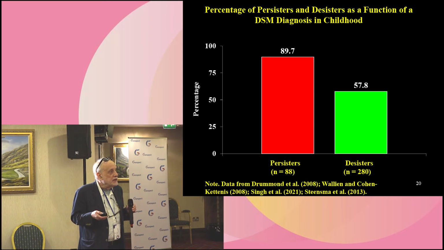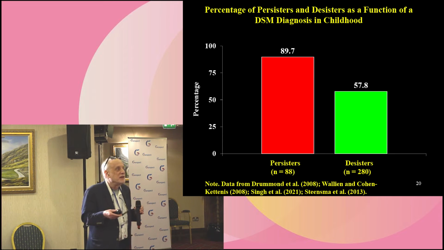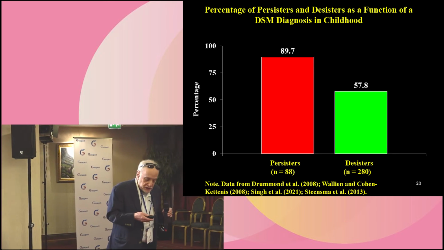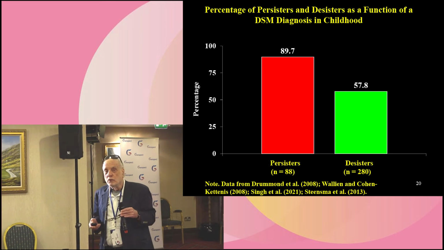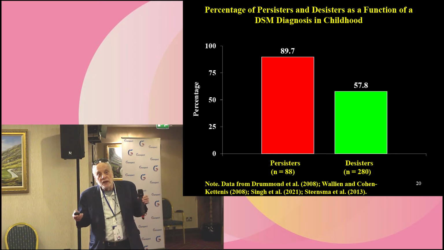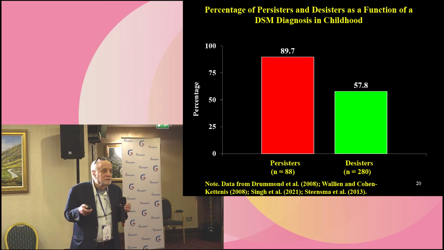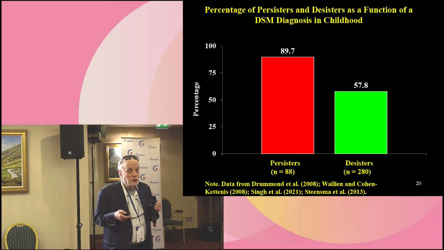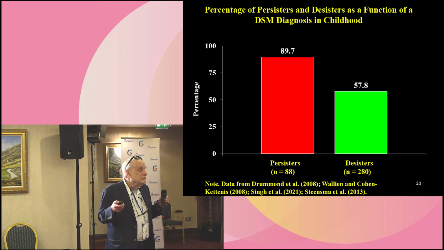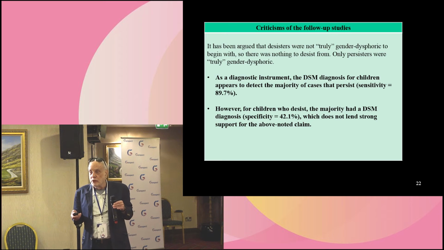We had 280 desisters, and of those 280 desisters, almost 60% were given the complete DSM diagnosis in childhood. So unless you basically want to say the diagnostic criteria for gender dysphoria in childhood are bad, it seems like they did desist from something.